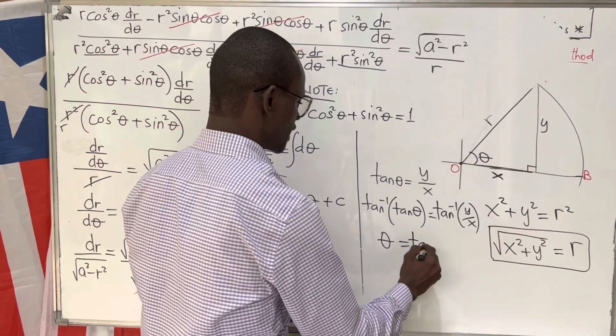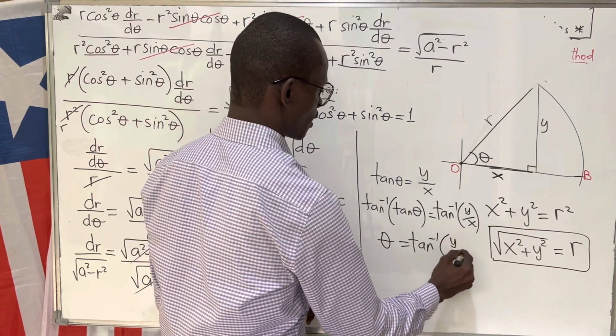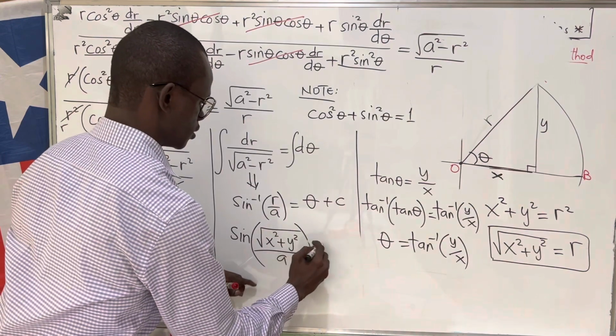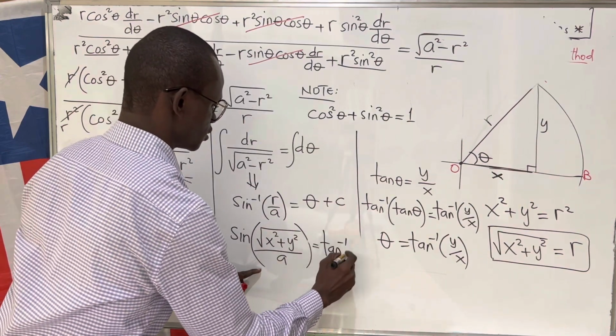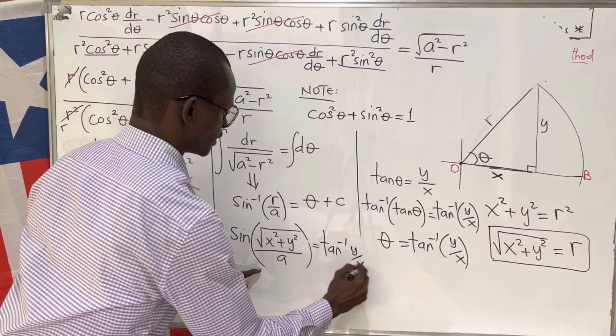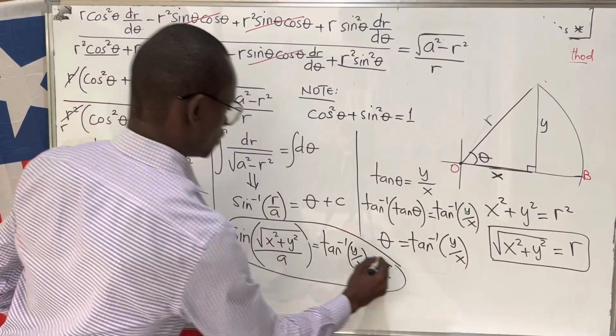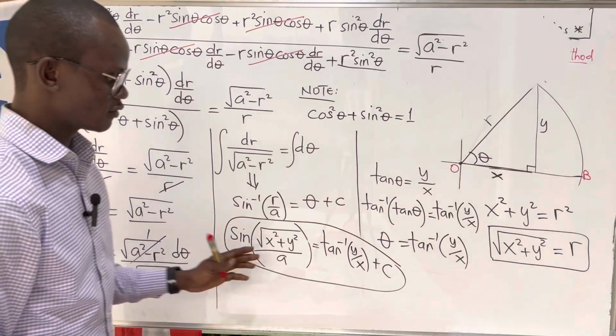So this would just be tangent inverse of y over x. So this is now equal to tangent inverse of y over x plus some arbitrary constant c. So this is our general solution of the differential equation.